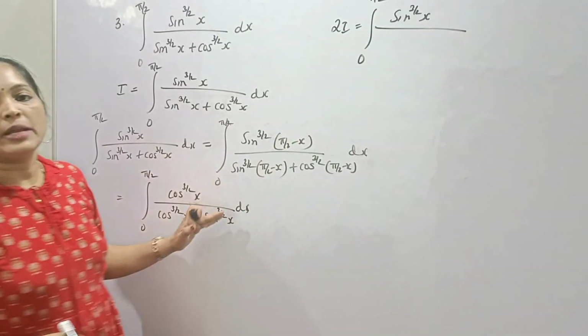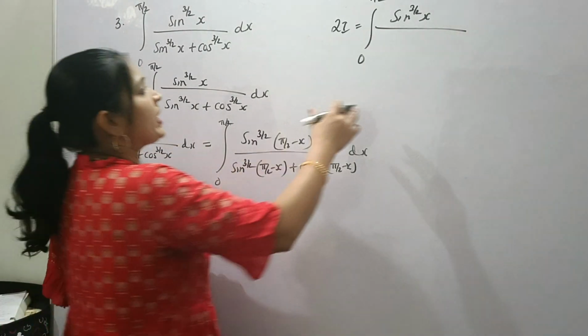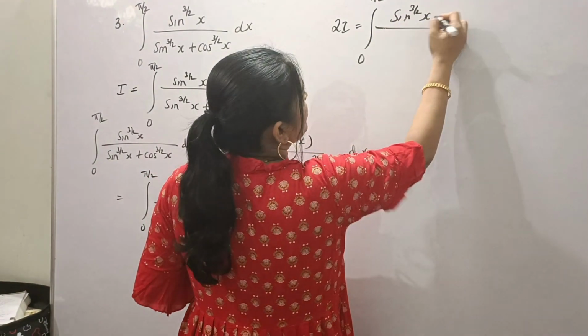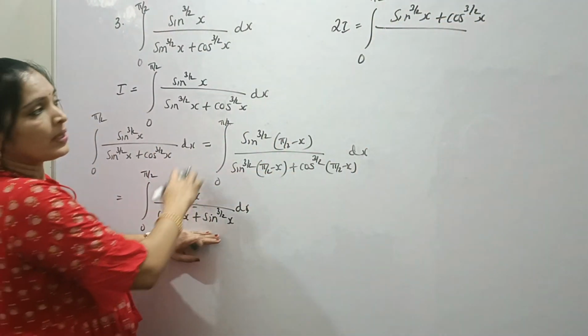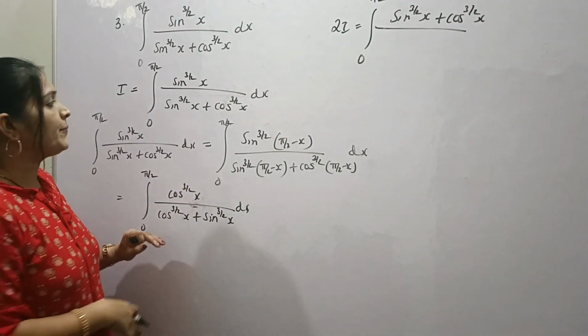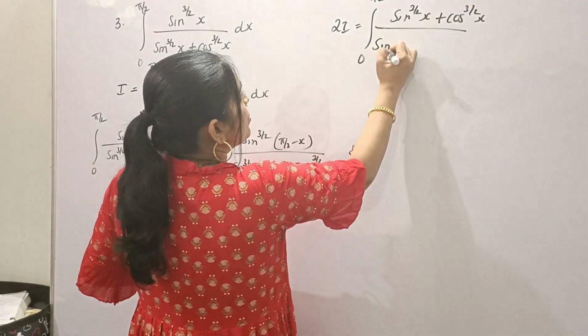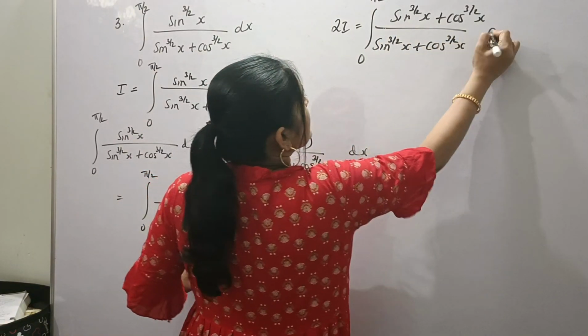Because limits are same, 0 to pi by 2, we can write sine raised to 3 by 2 x plus cos raised to 3 by 2 x, divided by, and the denominators are same, so we can add directly, sine raised to 3 by 2 x plus cos raised to 3 by 2 x dx.